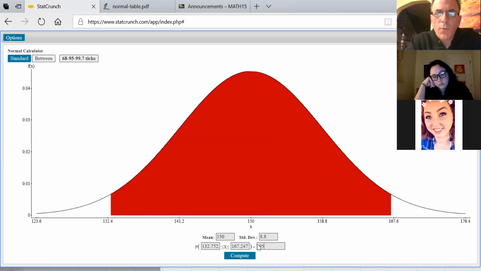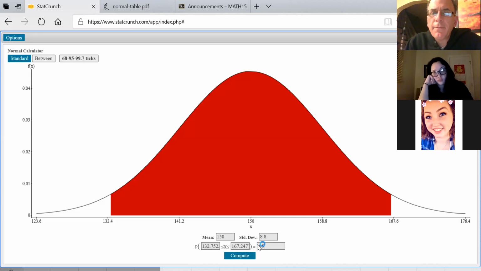The scores between 132.7 or 132.8 and 167.2.